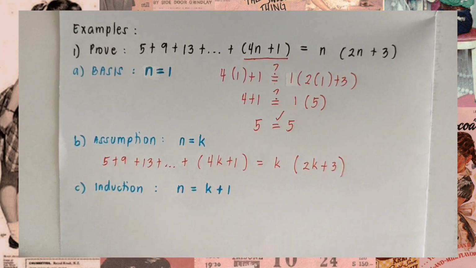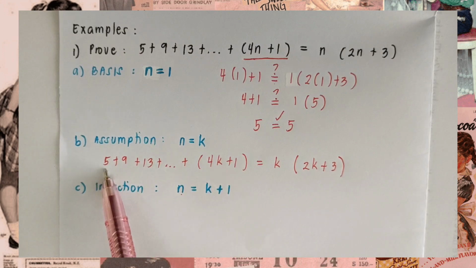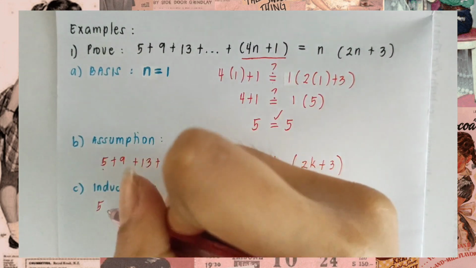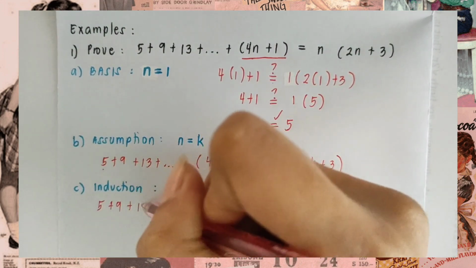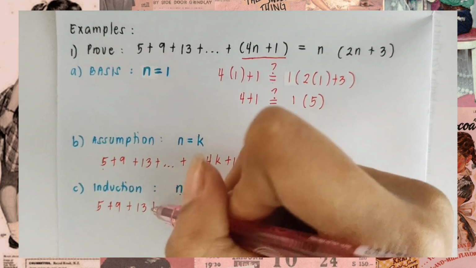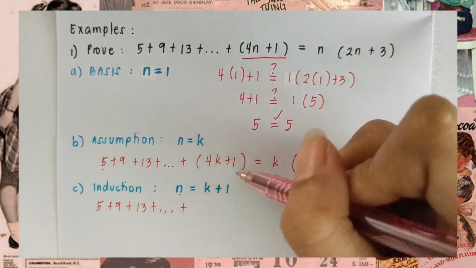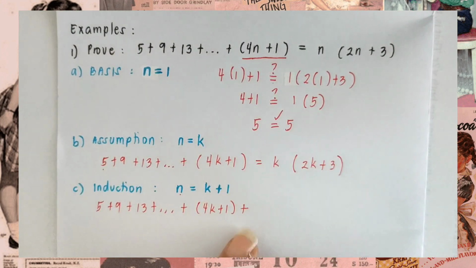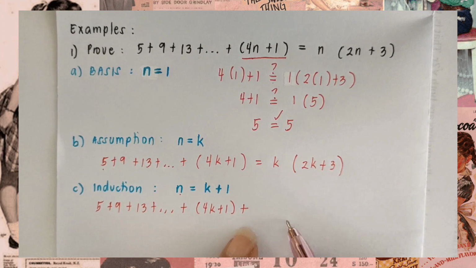Next, let's proceed with the induction. We need to change all the values of n with k plus 1. So the equation will now be, we need to copy first this one: 5 plus 9 plus 13 plus ... plus 4k plus 1, plus the next term here, which will now be k plus 1.